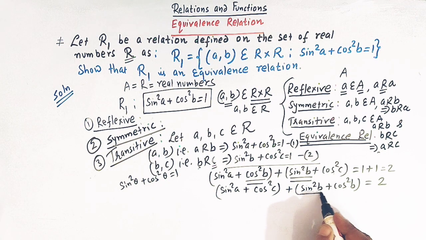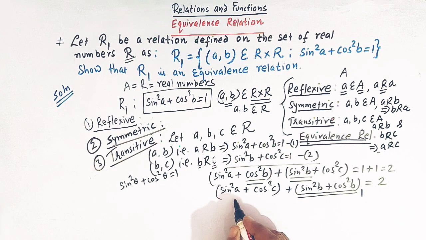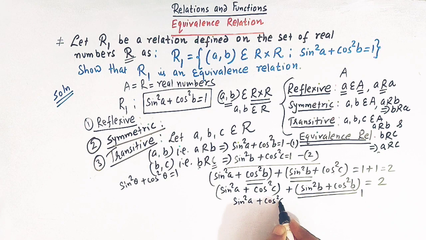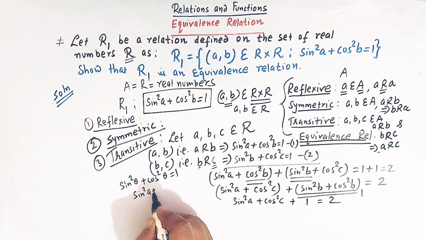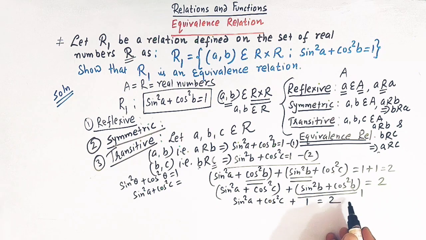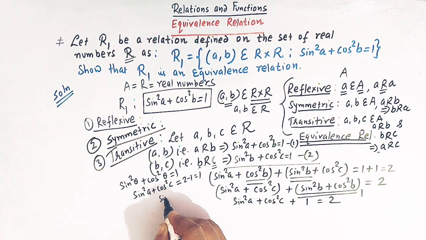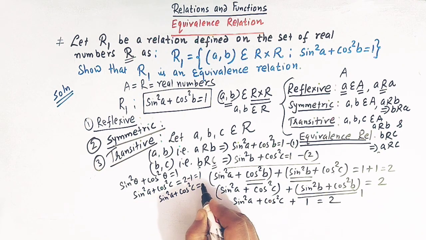So sine square B plus cos square B is equal to 1, right? So we have sine square A plus cos square C plus 1 is equal to 2. So now we have sine square A plus cos square C is equal to 2 minus 1, that is equal to 1, right? So we have sine square A plus cos square C is equal to 1.